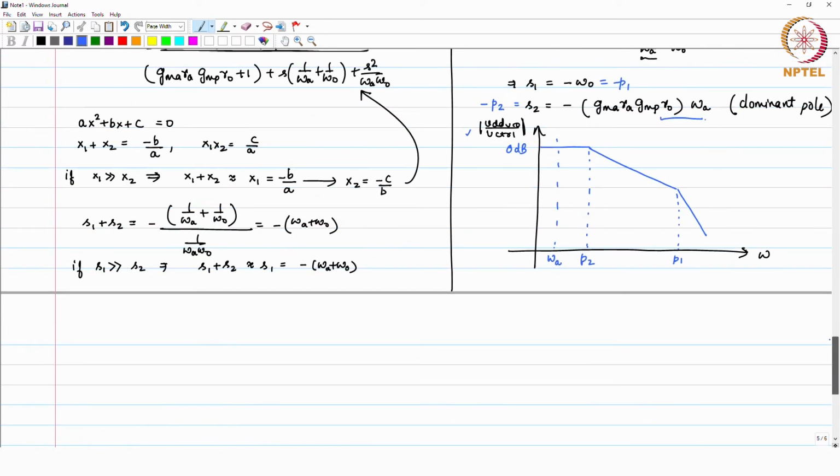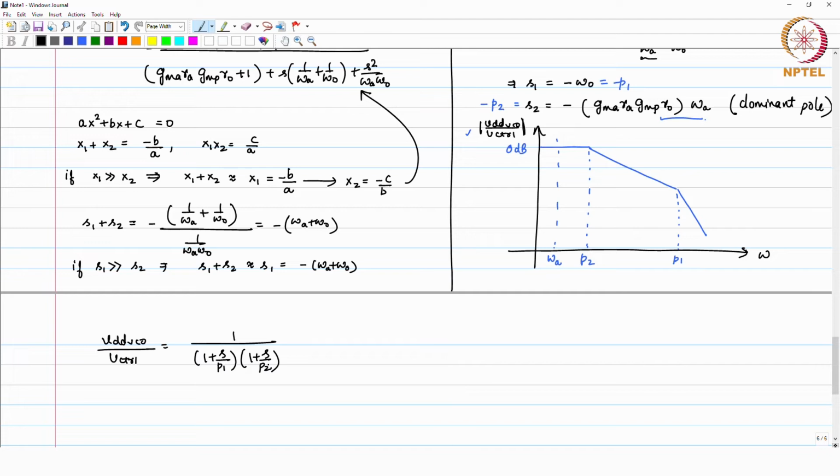I can write the simplified expression: VDD VCO by V control is nothing but the DC gain, which is 1 effectively, divided by 1 plus S by P1 and 1 plus S by P2, where P2 is the pole which dominates. So, we should keep our P2 larger than our PLL bandwidth.